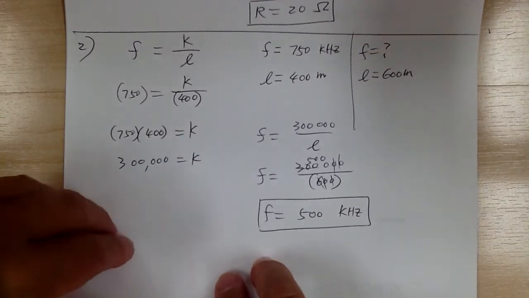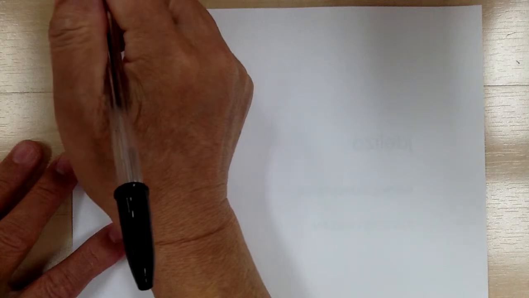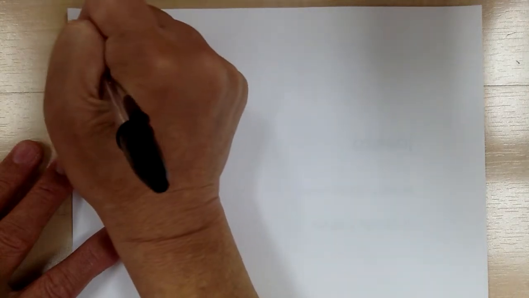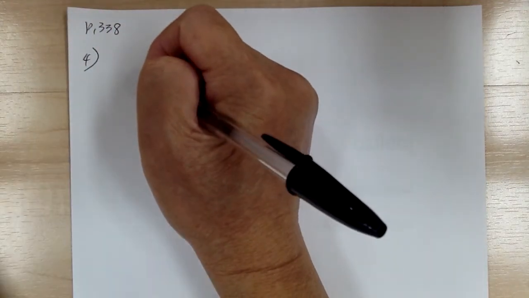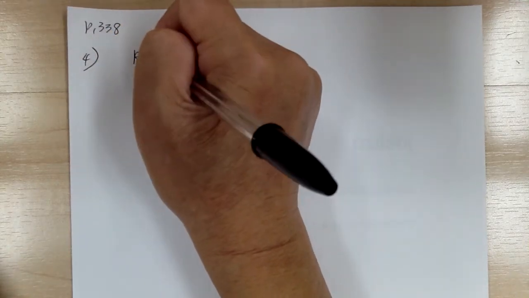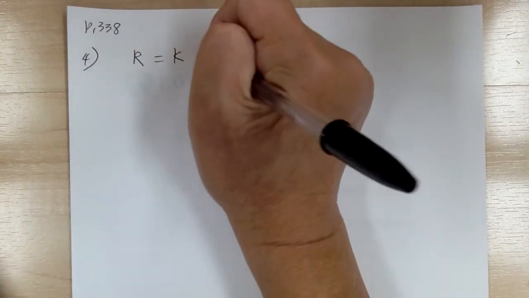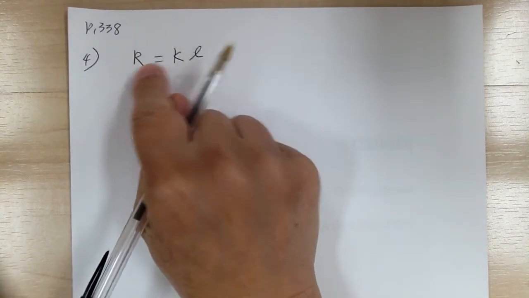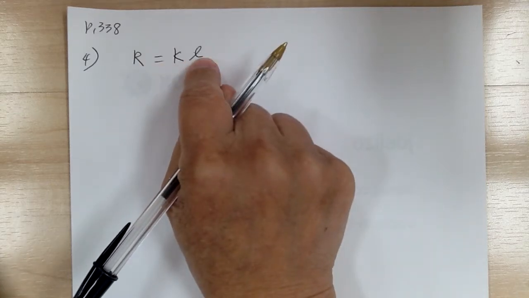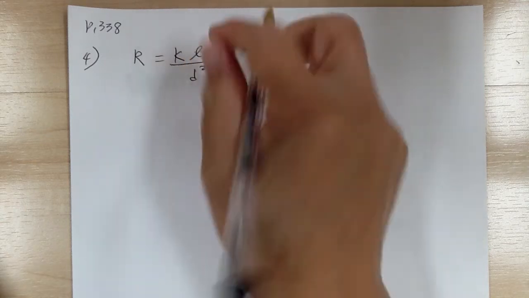Okay, let's go to the next one. We skip number 3, so let's go to number 4. The electrical resistance of a wire, so that's R, varies directly as its length and inversely as the square of the diameter.